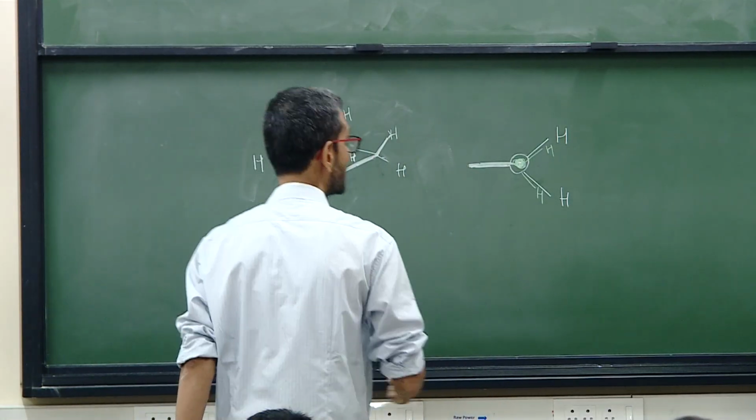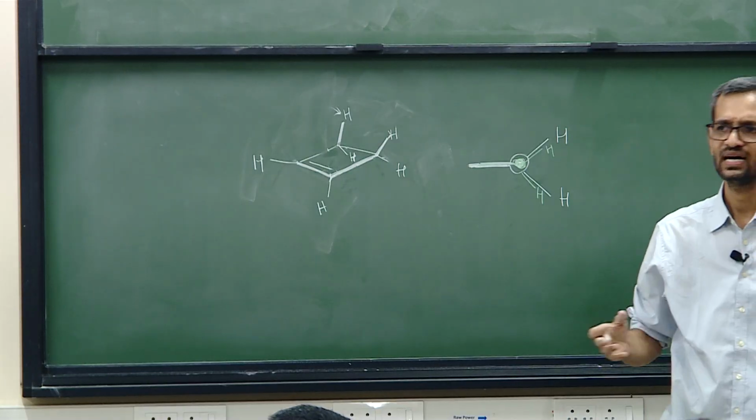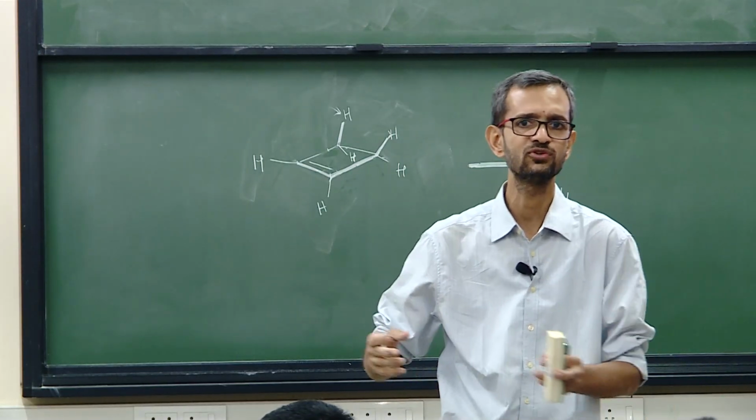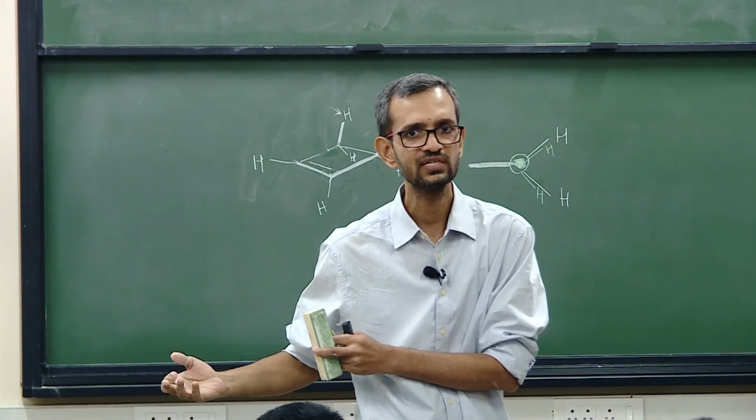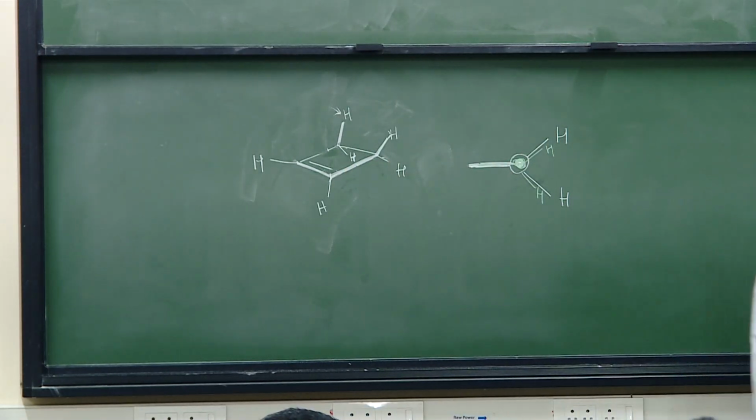So that is why if you start from 1,3-butadiene and cyclize it to get cyclobutene, maybe 10% would get converted to this. As soon as it is formed, it would immediately open up and come back. So that is why the backward reaction is more than the forward reaction.